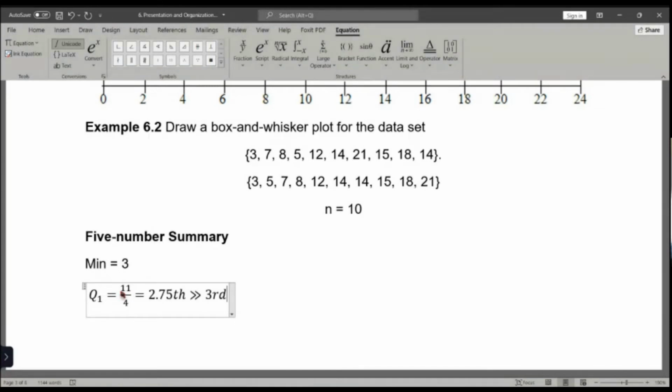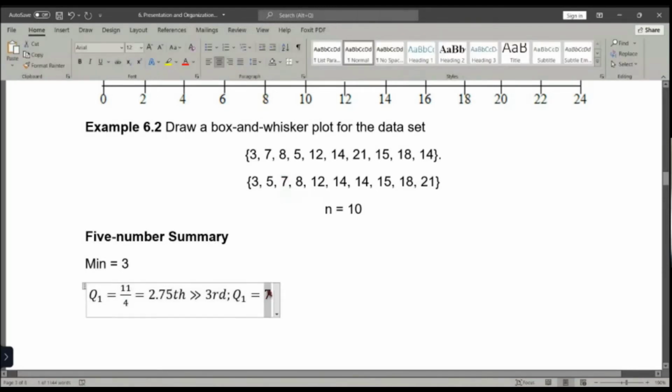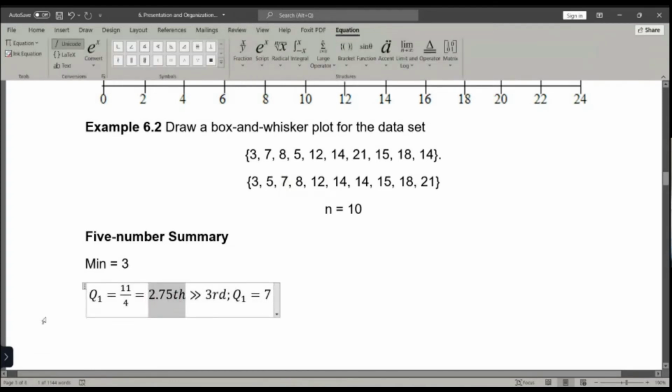What is the third item? 7 po. This would be your first quartile. Always yun, ha? You are only to get the midpoint or the average if you have 0.5. But other than 0.5, you will now round off. Nag-round off tayo from 2.75 to 3.